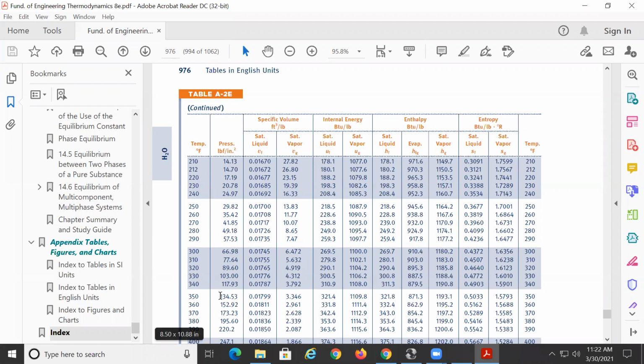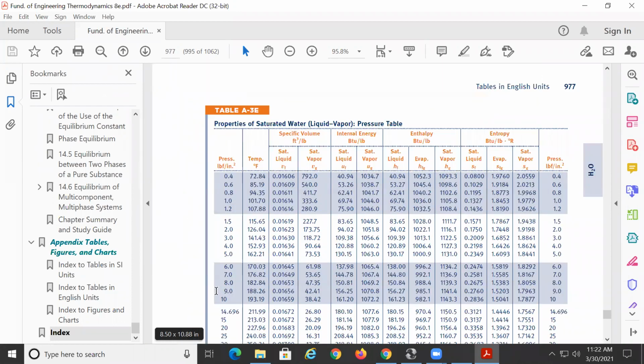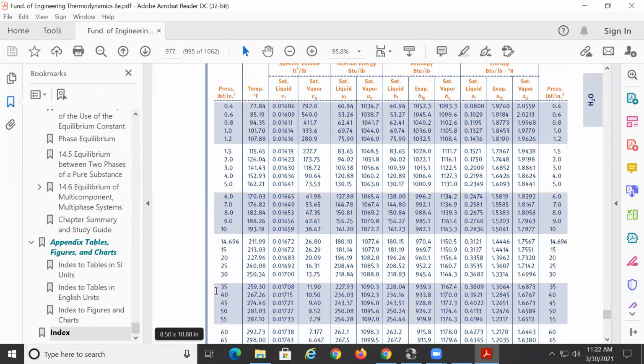So at 350, the pressure is 134. So let me go to the other table. At a pressure of 40, the temperature is 267, no? So what is the state? State 2 is also steam, or vapor, no?